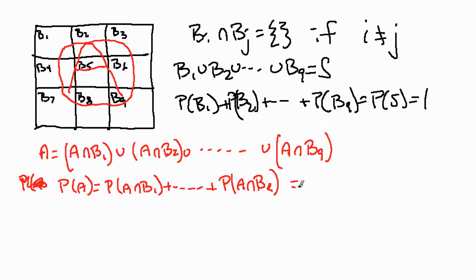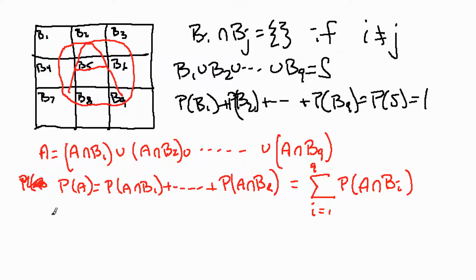And in fact, I could even write this in a fancy way: it is equal to the summation from i goes from 1 to 9 of the probability of A intersection B sub i. Everybody okay with that?